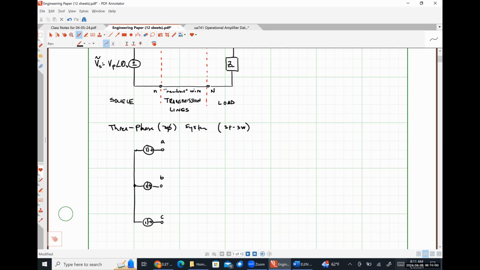And so this voltage will have some RMS magnitude and some angle, we'll call it theta A. Let's do lowercase a since we're on the source side.